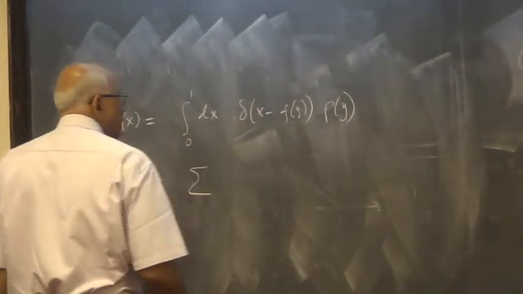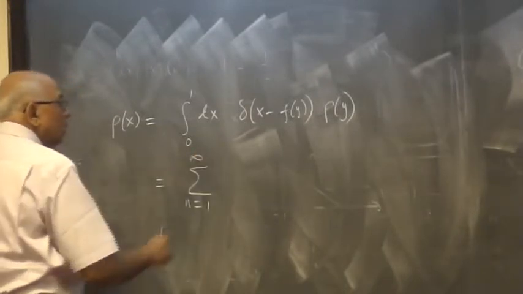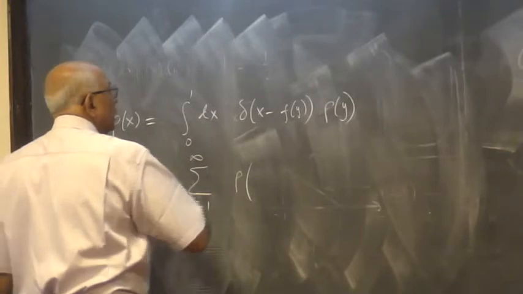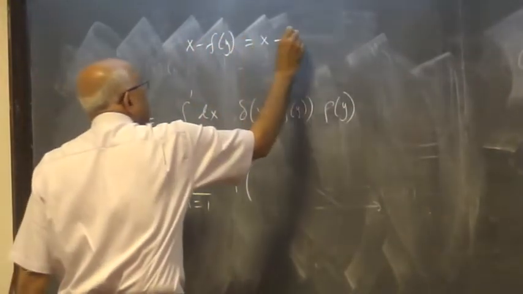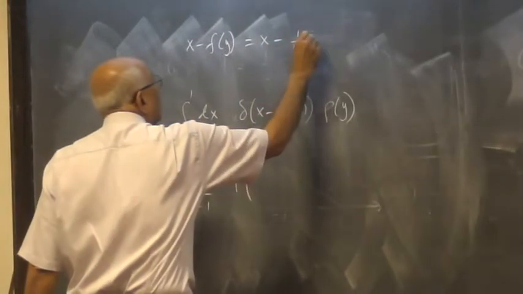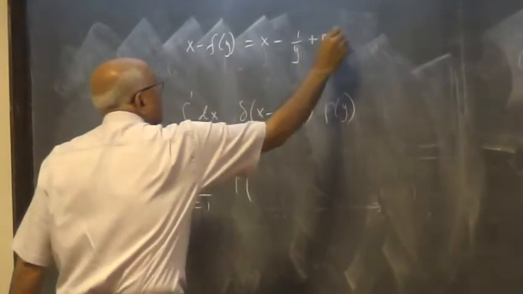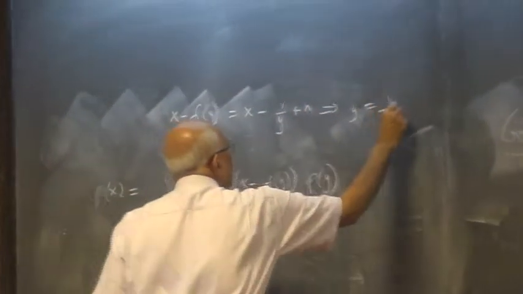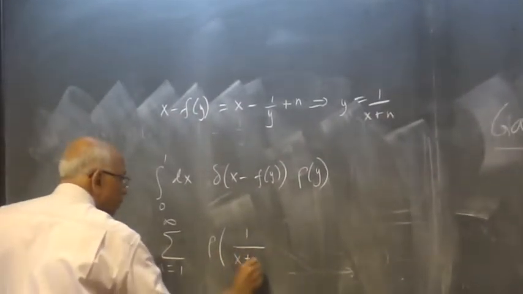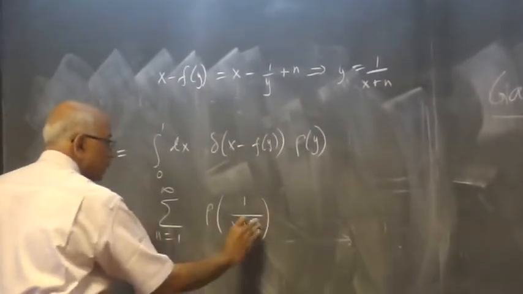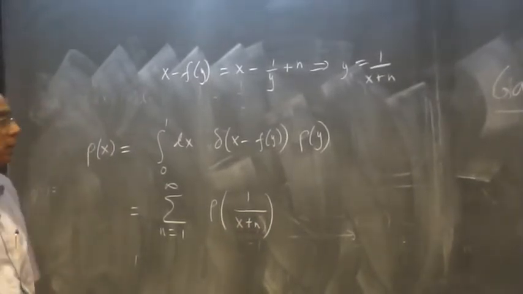So it's equal to a summation from n equal to 1 to infinity of delta of x minus f of y, equal to x minus 1 over y minus some n, right? So it's 1 over y plus n, which implies that y equals 1 over x plus n. So you have at least this here, definitely. And then it's multiplied by the Jacobian at that point.